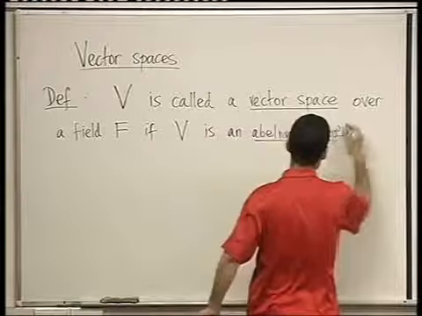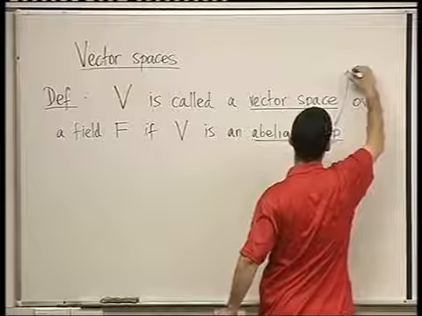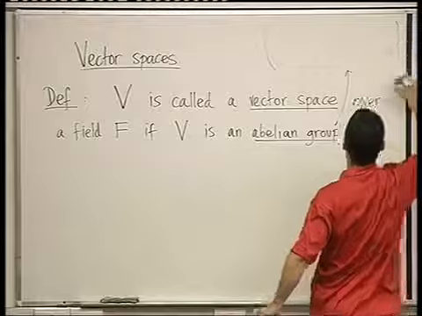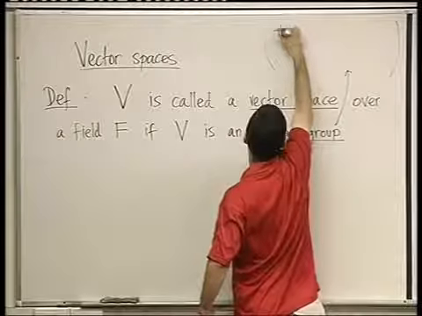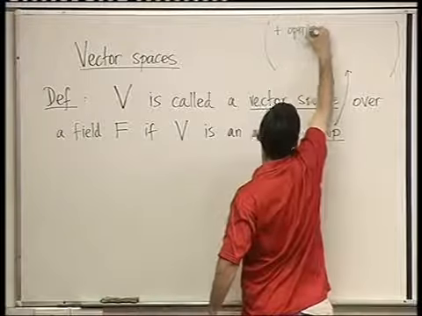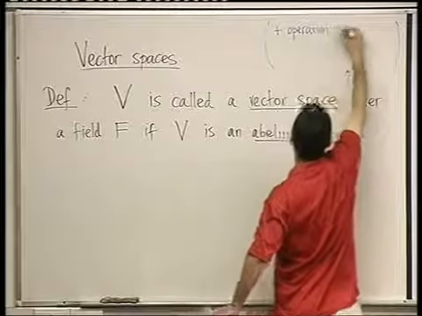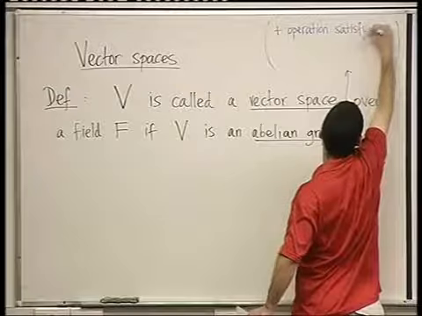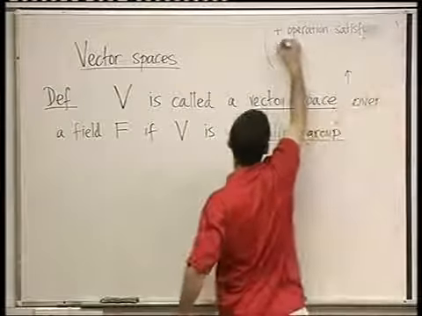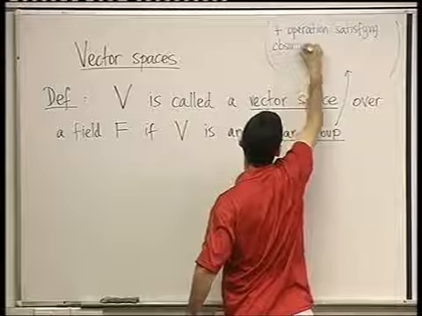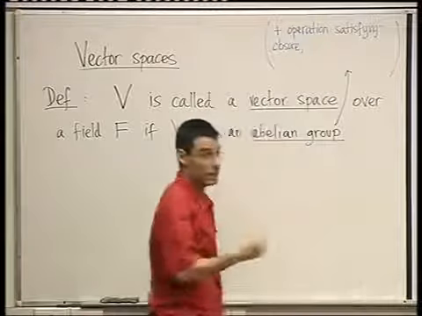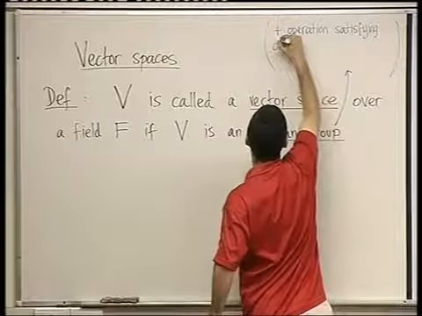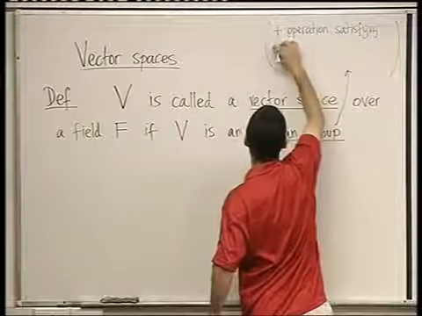So abelian group means that, so this is in parentheses, it's just a reminder, plus operation satisfying closure. Addition is closed. So you add 2 things, you get another element, right? Closure. This is a CL, not a D.